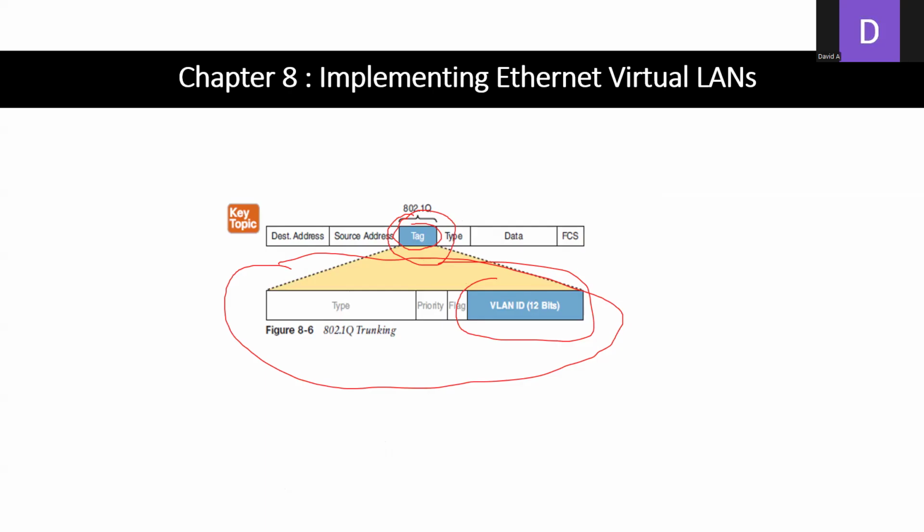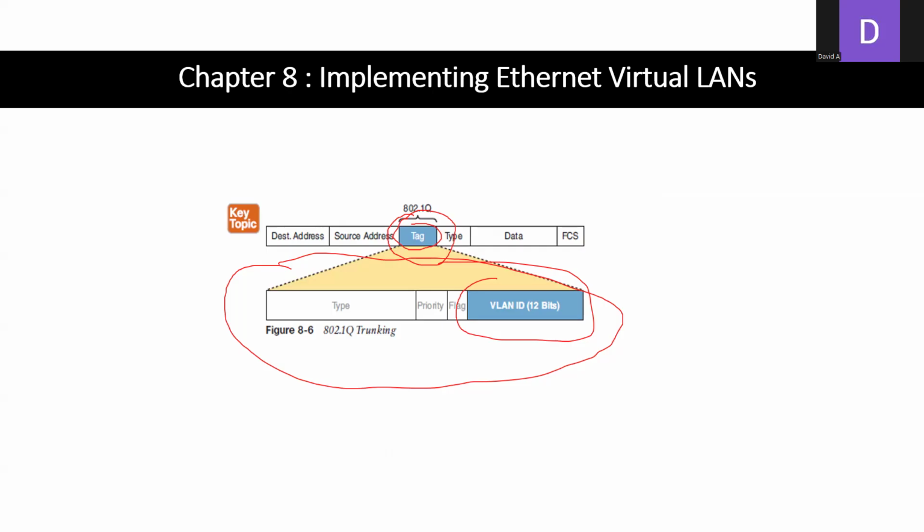That 12-bit field that I just marked supports a theoretical maximum of 2^12, aka 4,096 VLANs. But in practice, of course, it supports a maximum of 4,094, because two VLAN IDs are reserved. And we'll talk about that later.